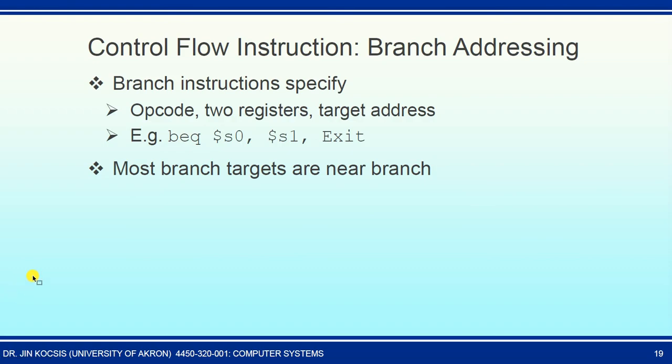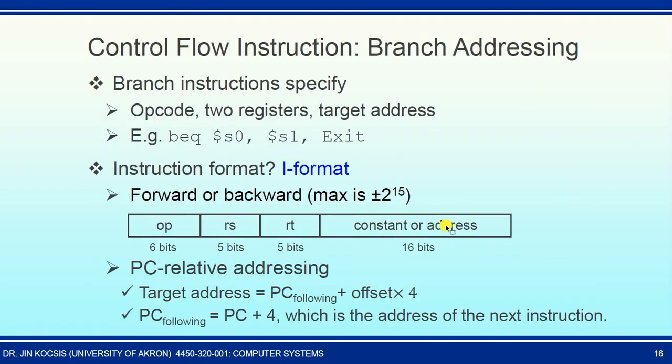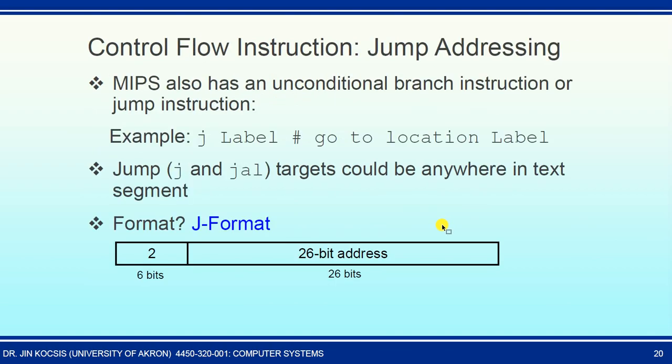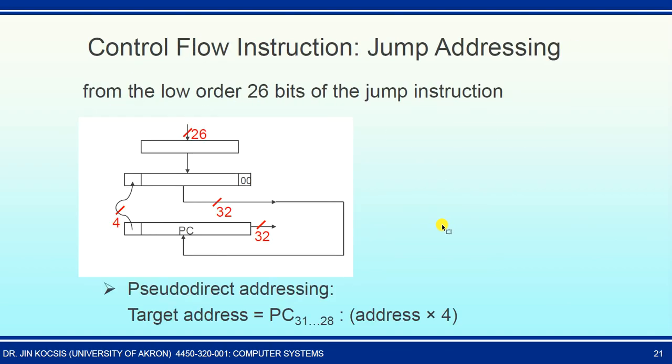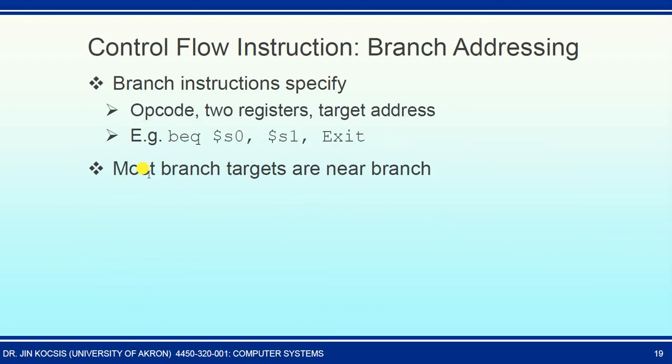One thing to mention: you can see the immediate field is only 16 bits, so you have a very limited range you can jump to. That means most branch targets are actually near the original instruction, which is the instruction at the memory address of PC.